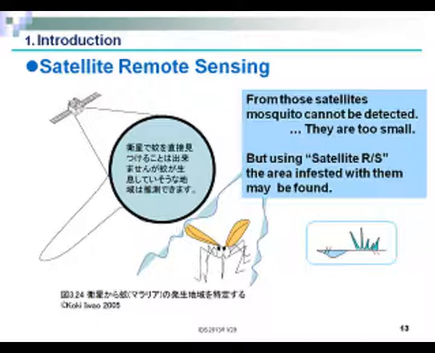I don't know the dengue surveillance issue well, but mosquitoes are too small as objects, so we cannot see them from satellites. The important thing is that we cannot see mosquitoes directly, but by using satellite remote sensing, we may estimate the area where mosquitoes live.